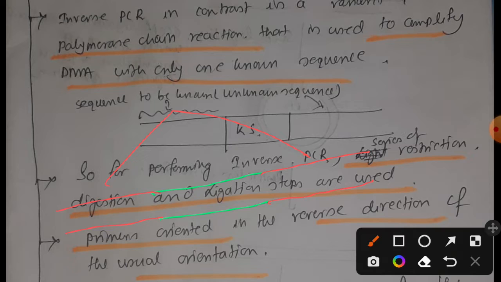Remember, in case of normal PCR, if you recapitulate it once again, we take the help of the 3' end sequence to create the primer. So the approach should be to somehow bring this green marked portion to the two ends.